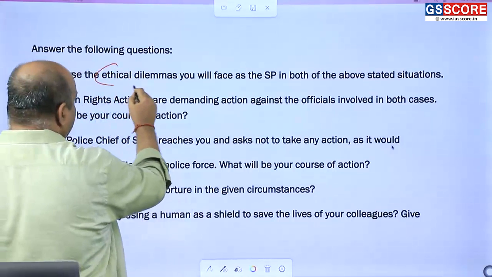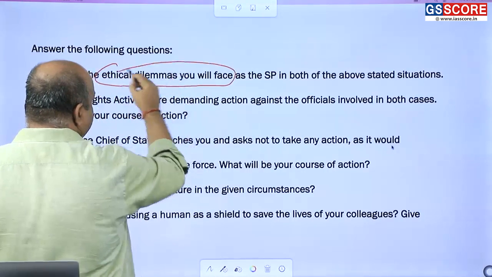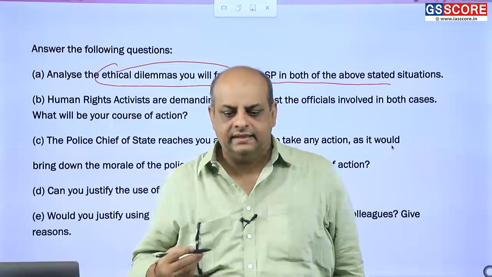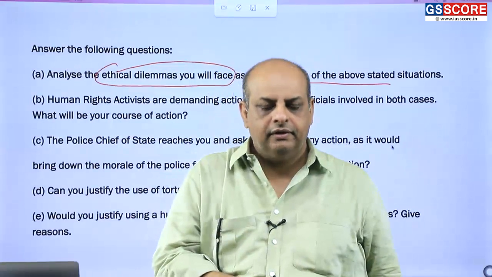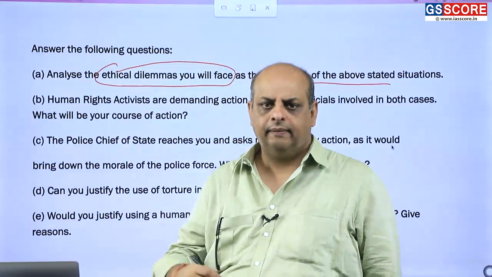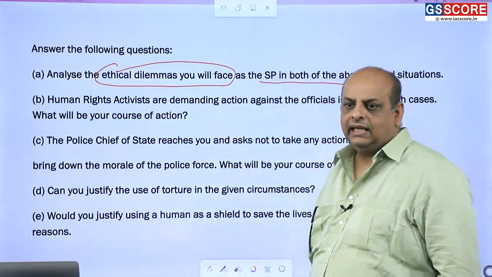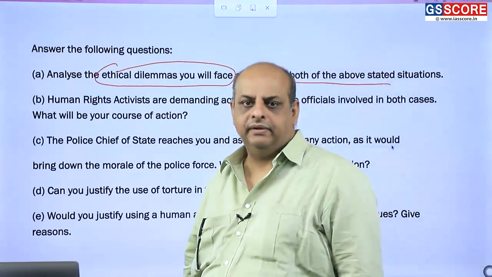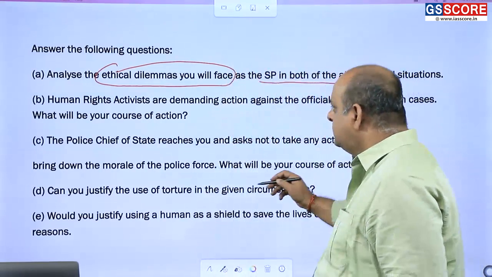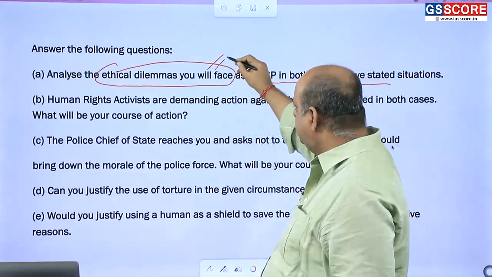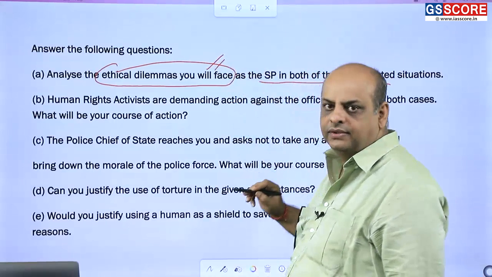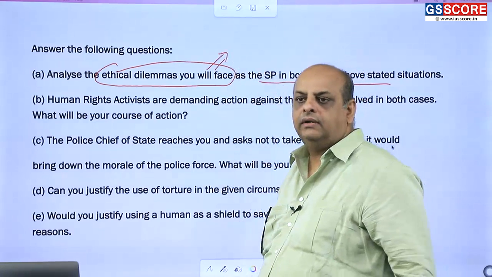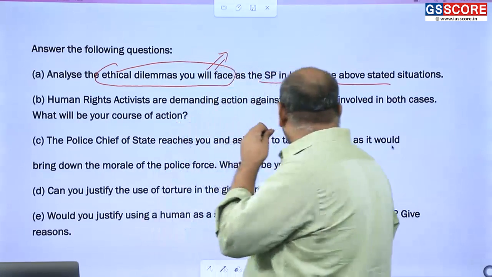Analyze the ethical dilemma you will face as an SP in both the cases, as there is a protest in front of your office by certain activists, and in any case, if someone dies in police custody, it becomes a very big legal issue also. So in this case, you will face the dilemma. Yes, of course. The question is why? What kind of ethical dilemma is it in this case?